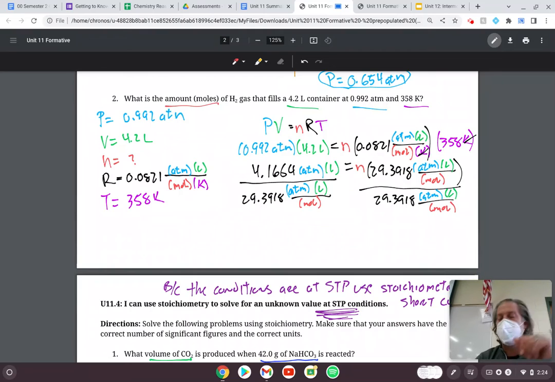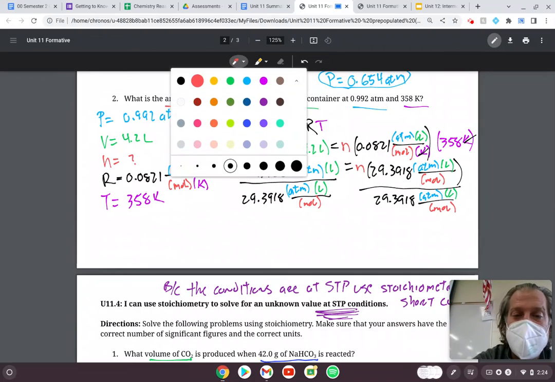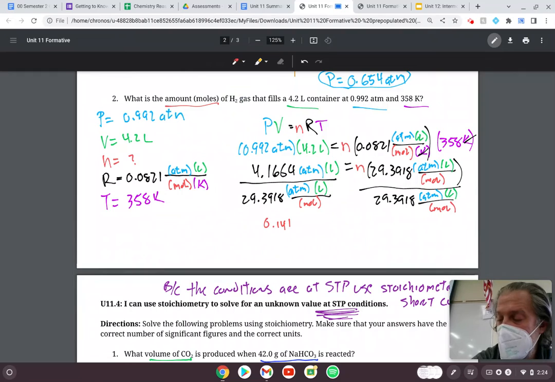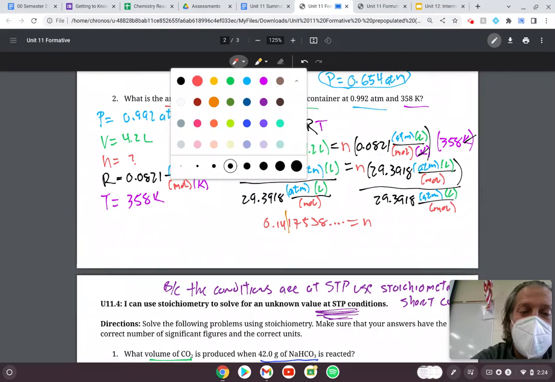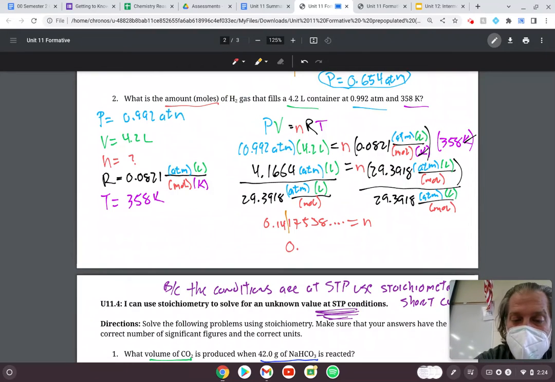And so when we work that out, we will take 4.1664 divided by the 29.39, and your calculator gives you a value of 0.1417538 and so on, equals n. This problem has an answer that's required to be in 2 sig figs. So that 1 does not round that 4 up. So the answer is going to be 0.14 moles of H2 equals n.